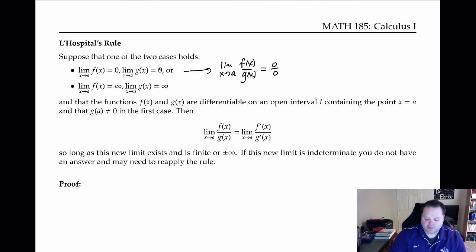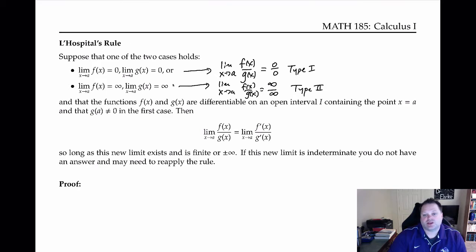So that's a type 1 indeterminacy. Or you plug in the limit as x goes to a of f of x over g of x, and it turns out that both of them go to infinity instead, and this could be plus or minus infinity. Then that's an infinity over infinity, which is a type 2 indeterminacy.